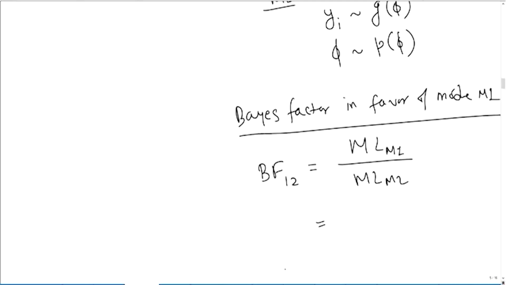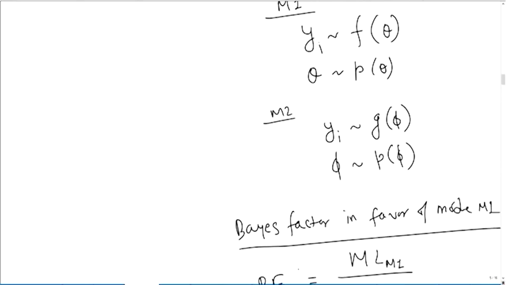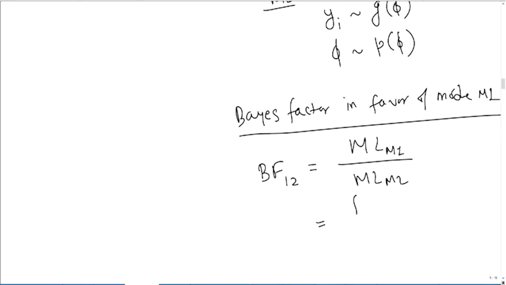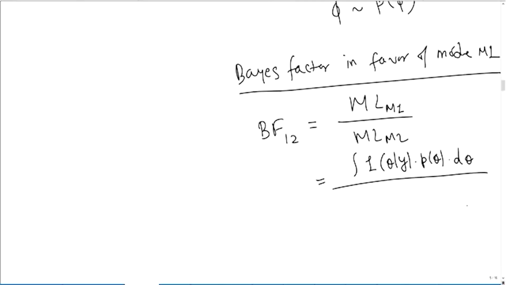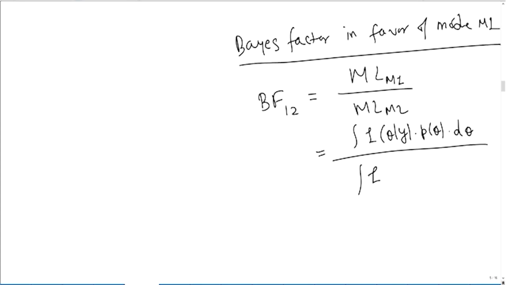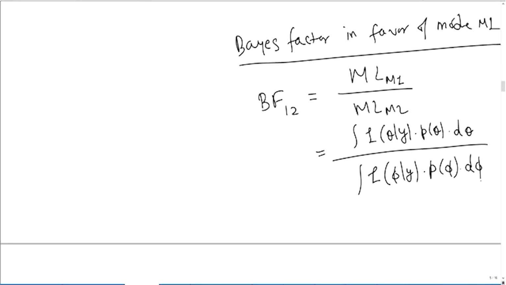What would be the marginal likelihood of model M1? It would be the integral of likelihood of theta given y times p of theta d theta. What would be the marginal likelihood of model M2? It would be the integral of likelihood of phi given y times prior density of phi d phi. If you can calculate these marginal likelihoods, you take their ratio and this will give you the Bayes factor.